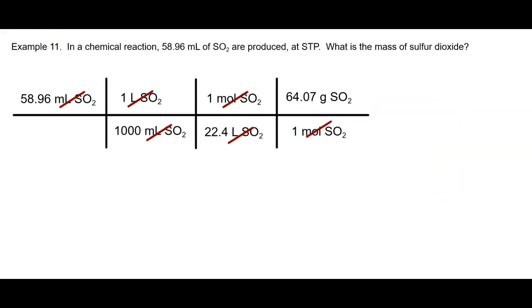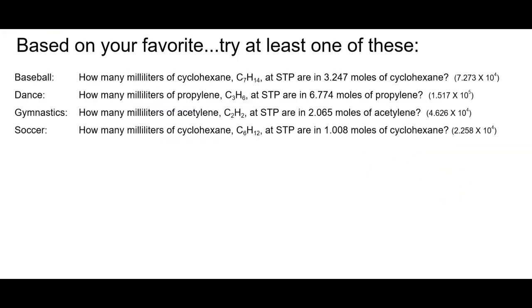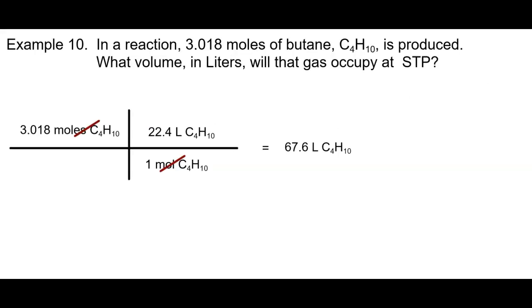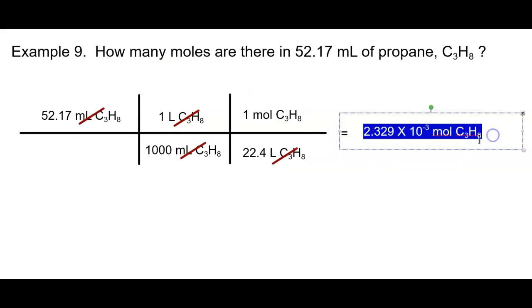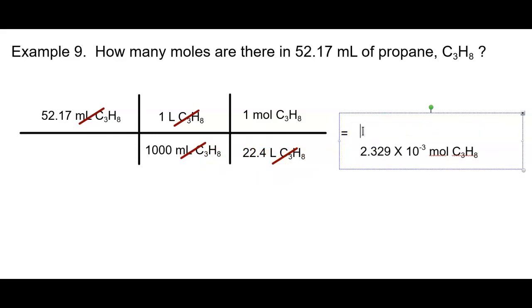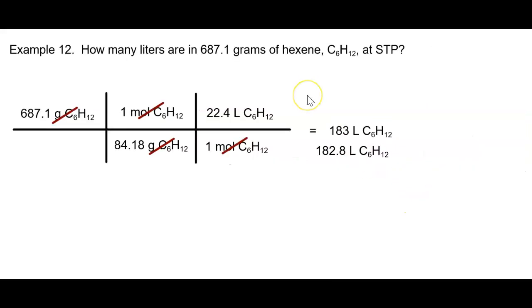And then going back to this one, I think we took care of sig figs here, and then for this one here, proper sig figs would be not quite that. I can only have 3 sig figs, and that's because of 22.4. So this would be a 3 here, and that would be the proper sig fig number. Okay, now we're back to example 12. I just wanted to go back and fix sig figs for years that we're doing sig figs. Most years we will. We did not pay attention to sig figs most of 2020 and 2021.